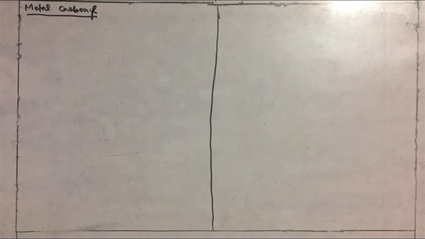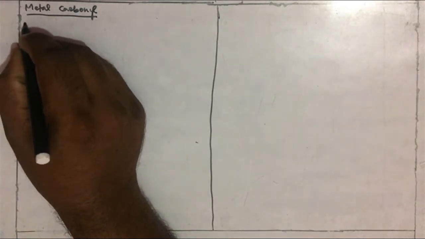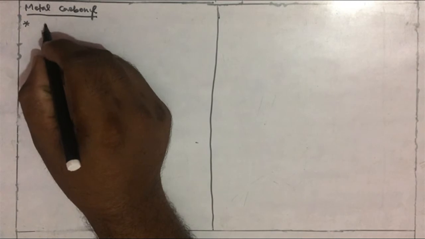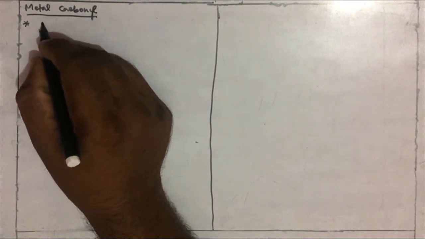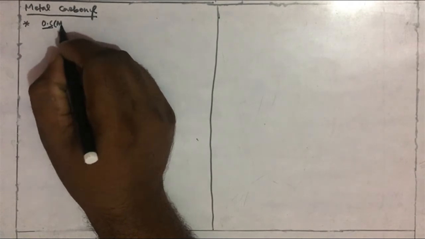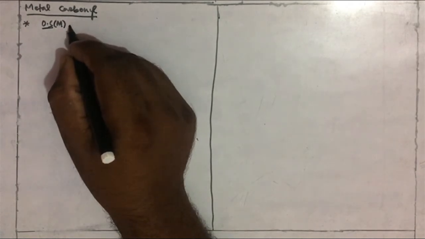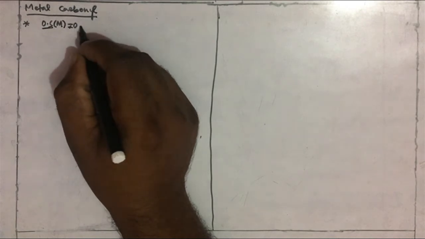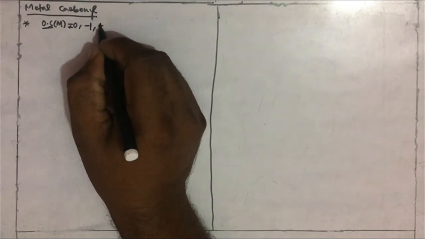It is basically a complex with the metal in a low oxidation state, and mostly the oxidation state is 0, but sometimes it shows -1 and +1.